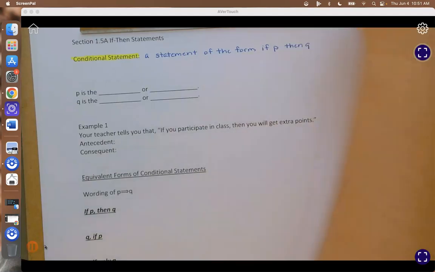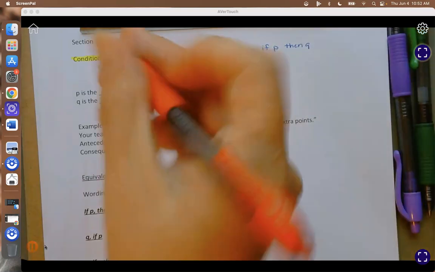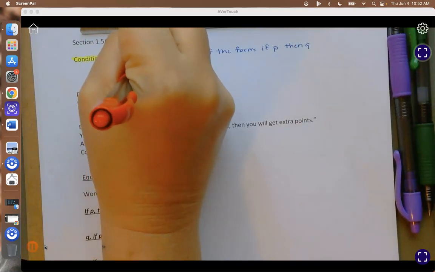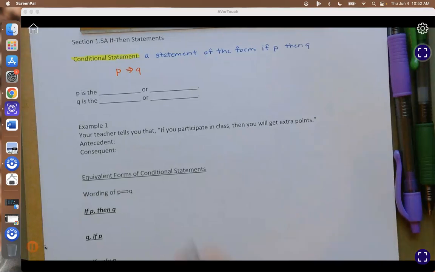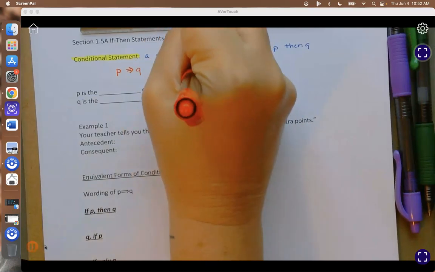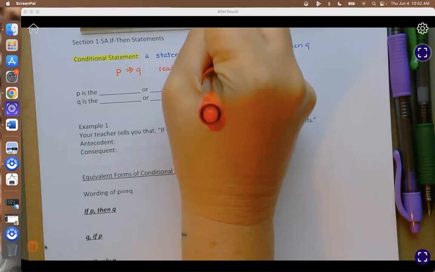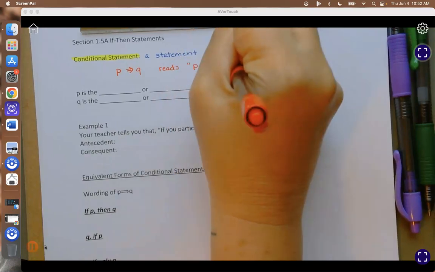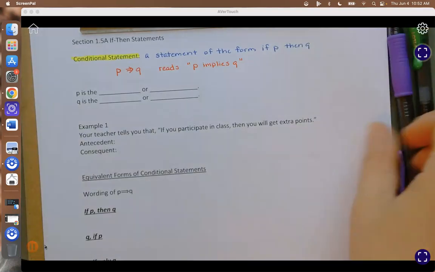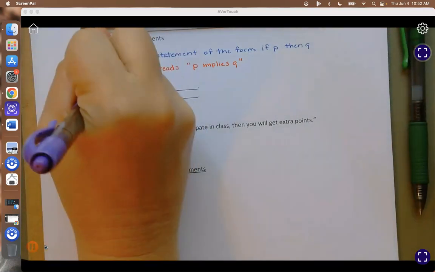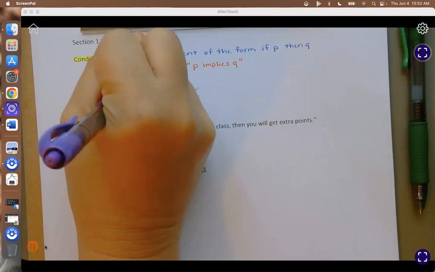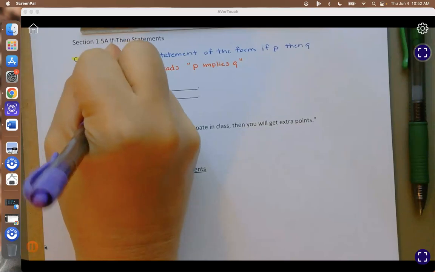Okay, so the way we write if-then statements in symbol form, because you know we love a symbol, is P implies Q. Okay, so it reads P implies Q. All right, so in this, P is called your hypothesis, and Q is your conclusion.